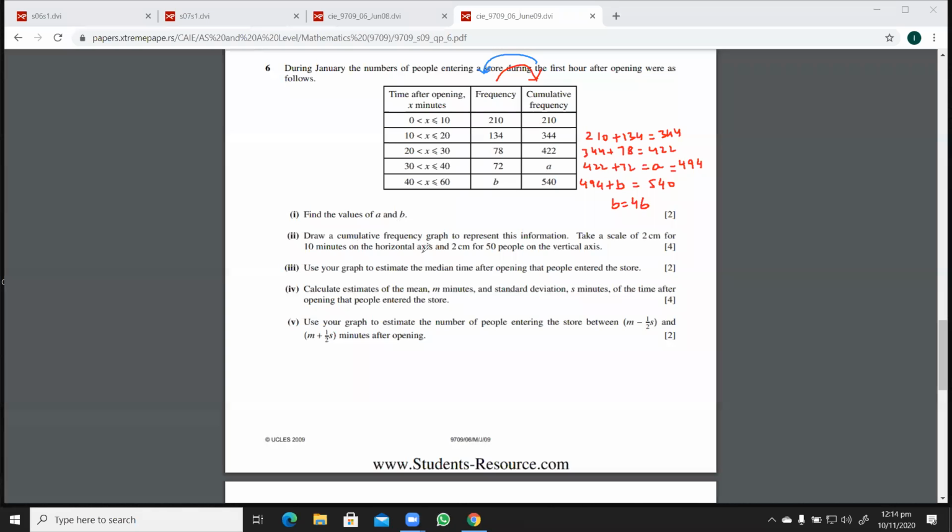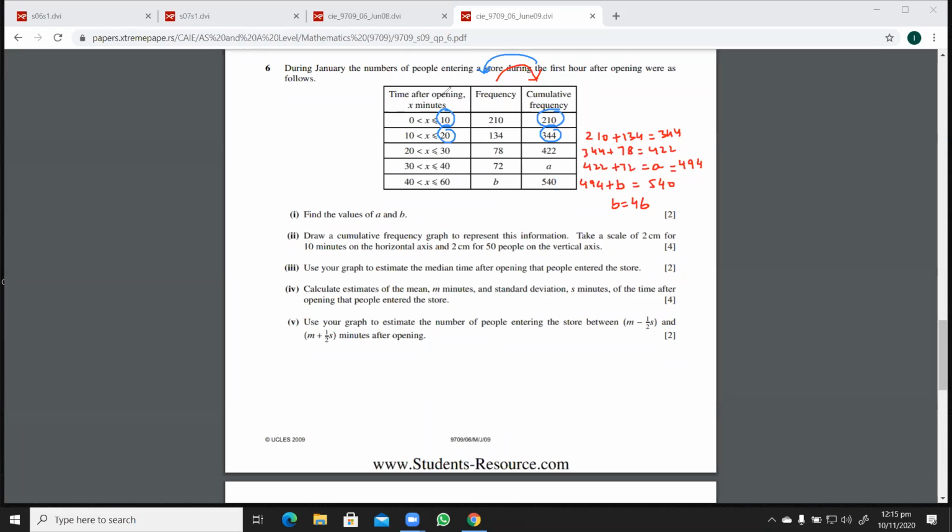Now, then it says draw cumulative frequency graph. So what points will you be taking? You will take this 10, and then you will take this 210, then you will take this 20 comma 344. So these are the points that you have to mark, okay? And remember this, always you have to have this lower class limit.